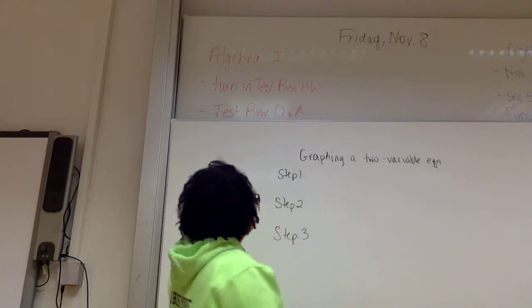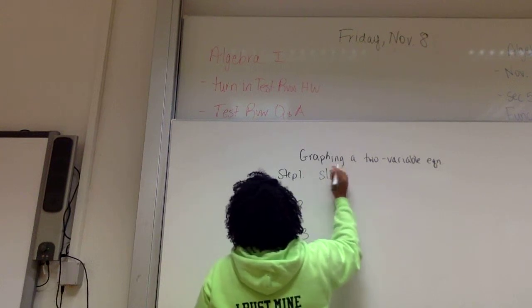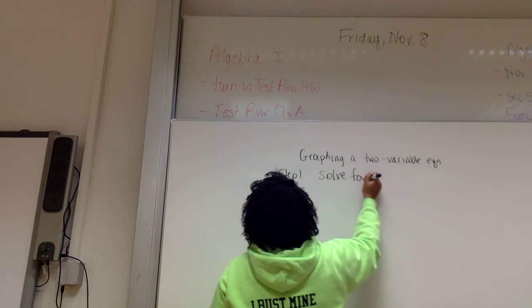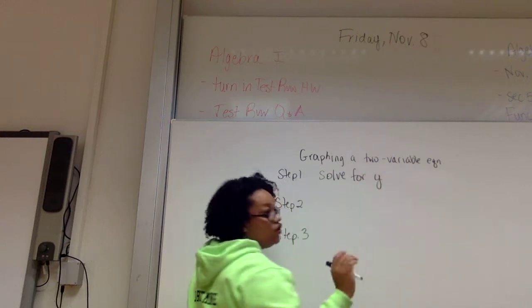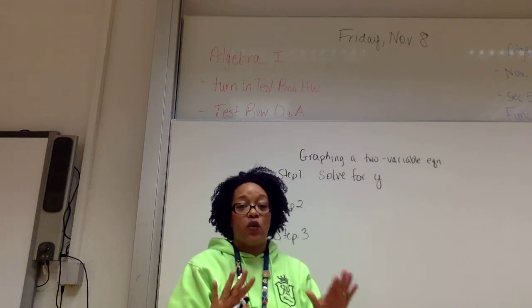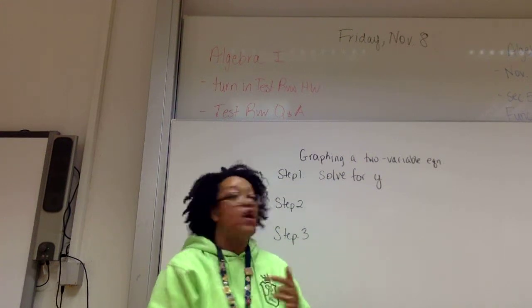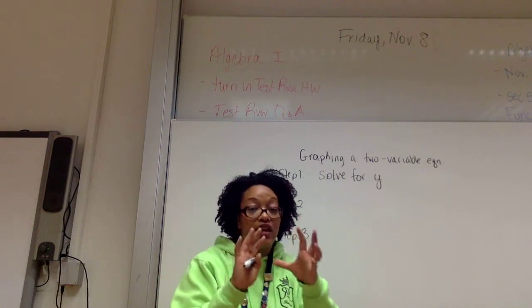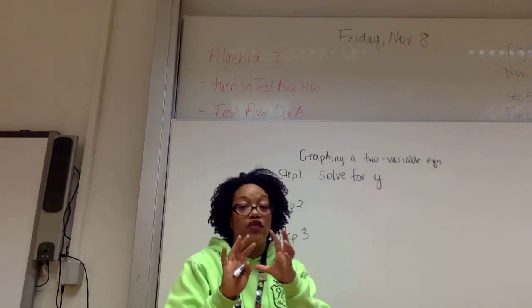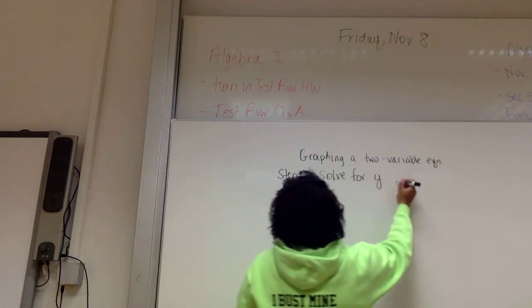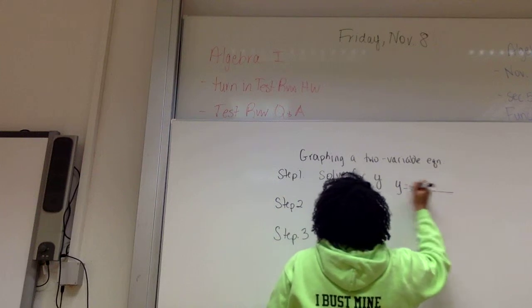Step one, the first thing you need to do is solve for y. Now we did this in unit 4. This was the last section in unit 4 called literal equations, where you had to solve for y, meaning that you took everything going on around your y variable and put it on the other side, so that your final answer looks something like this.